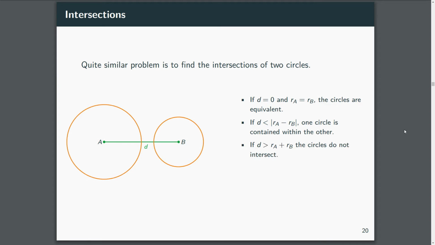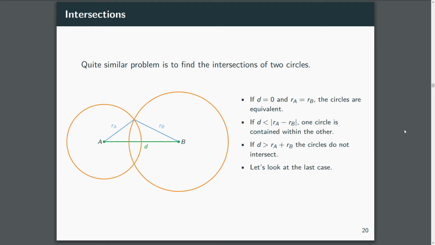You also have the case where the distance is greater than the sum of the radii. And then the circles cannot intersect because they're too far apart. So let's look at this last case where we have an intersection.